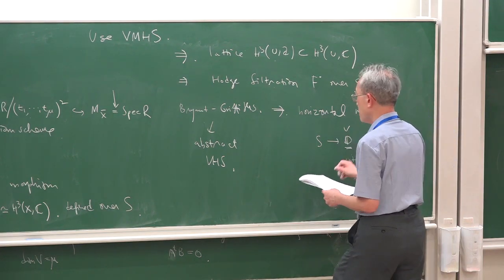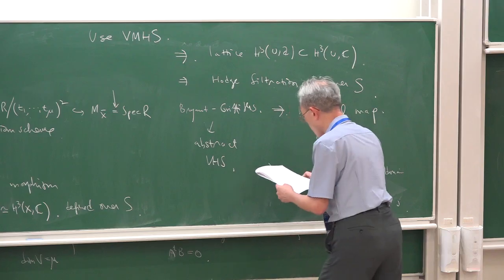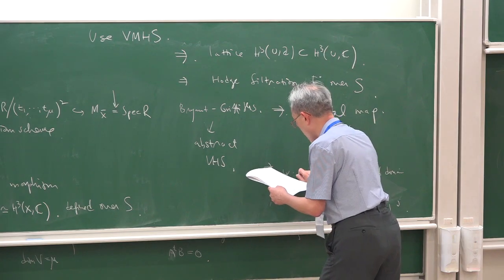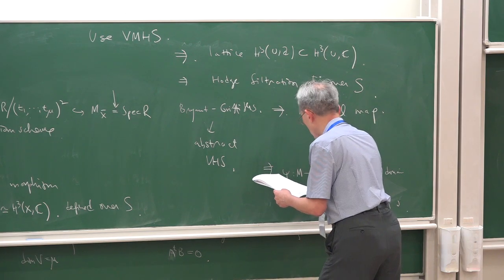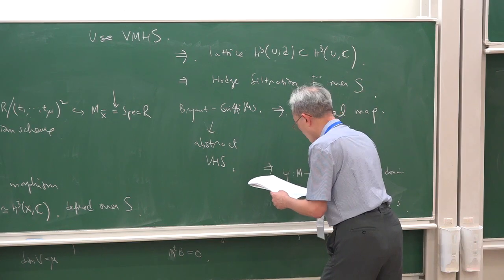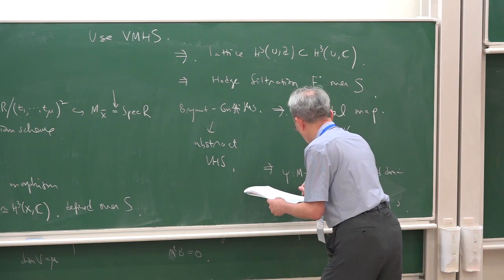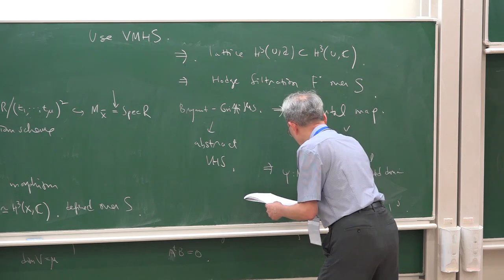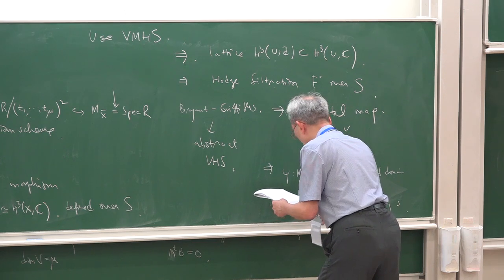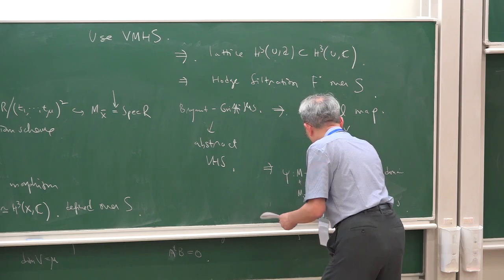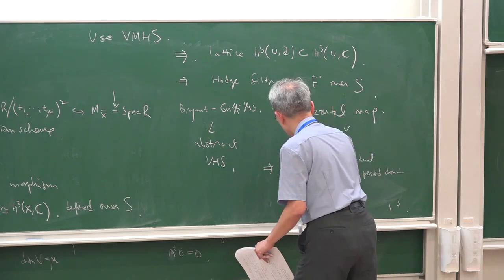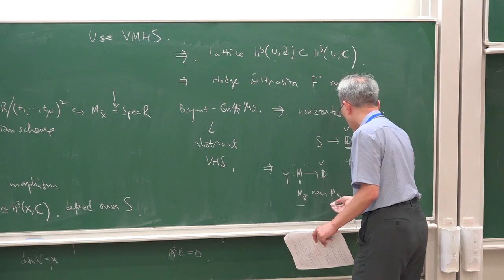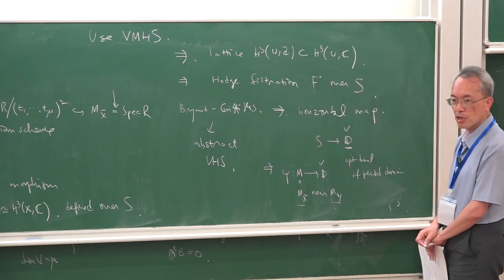And this implies you get psi, which is from M to D. And this is basically M_S bar. It's this simple. It just means I want to look at a neighborhood of your moduli space.